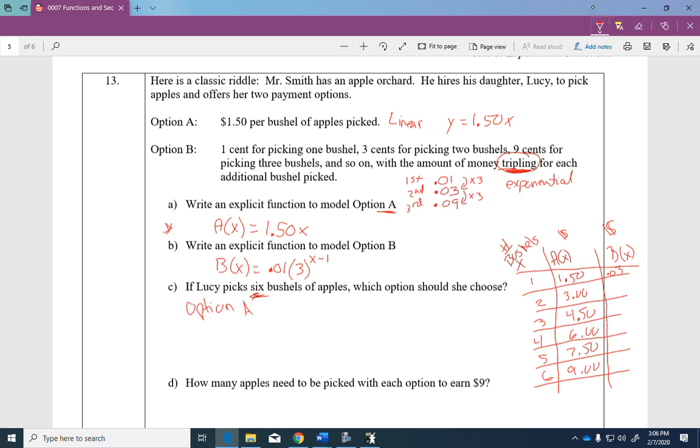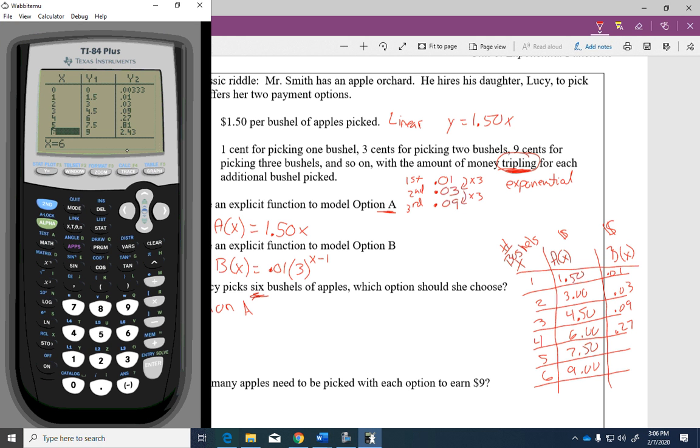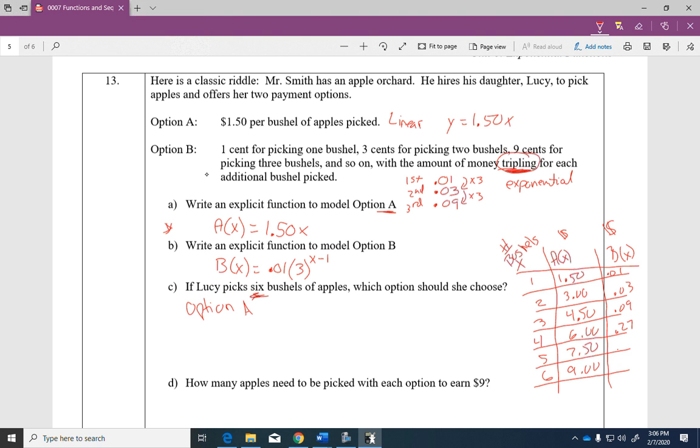Oops, sorry, that's 1 cent. $0.81 and $2.43.